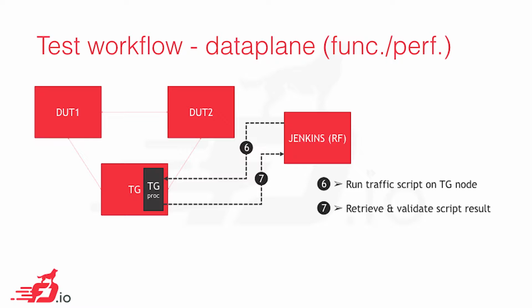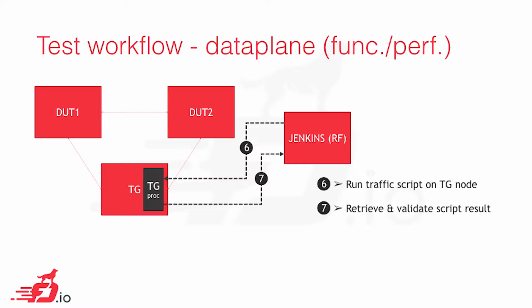Or in the performance testing, we capture the statistics: how many packets have been lost, what was the PPS, what was the CPU utilization, and currently we are adding the latency. We'll see how it goes.